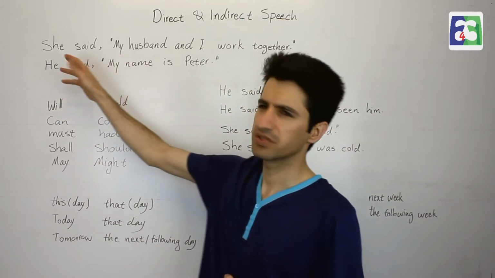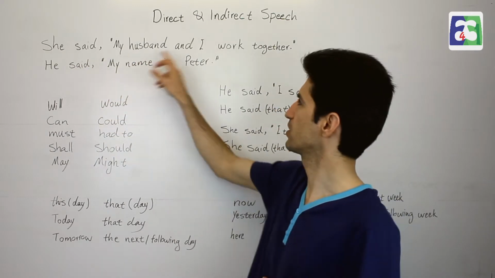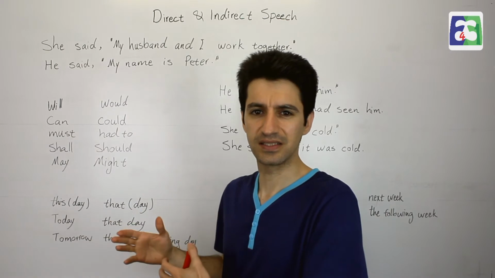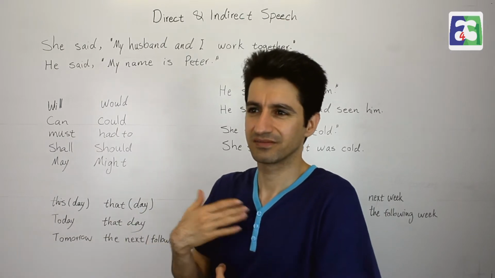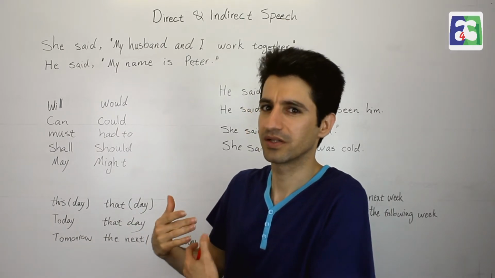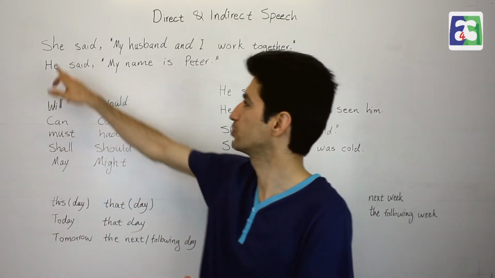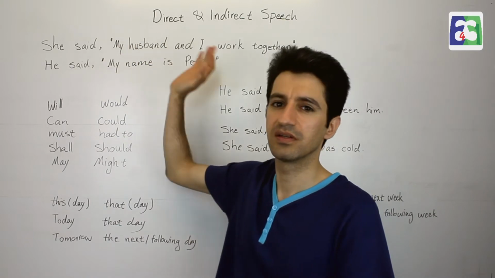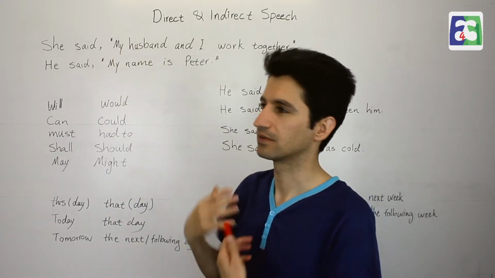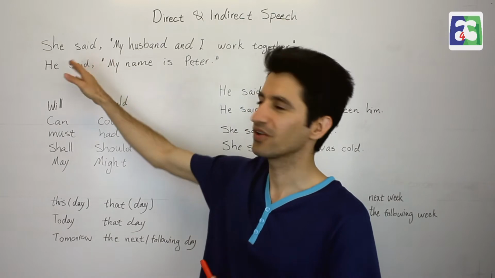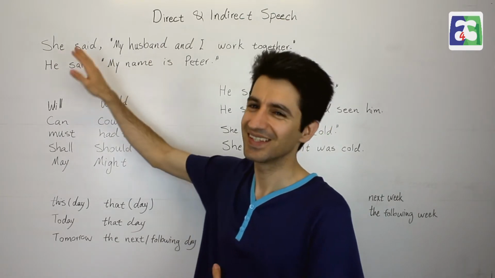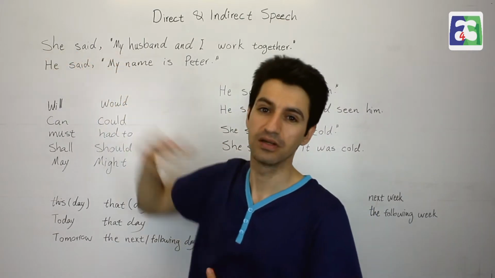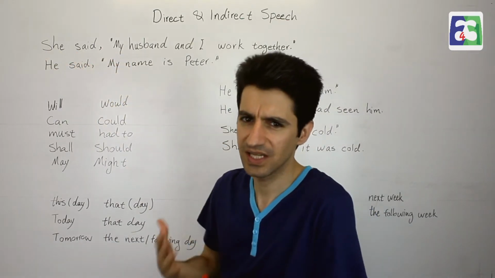When someone says, my husband and I work together, this is a lady's words, and I can't say my husband. Because I am putting that after she said, by saying my husband, it is clear that it's not my husband, it is her husband, okay? It is clear that this belongs to this person, not the one saying the sentence.